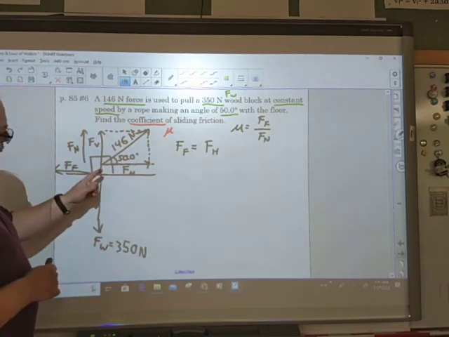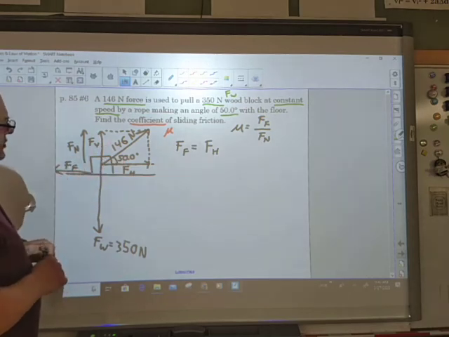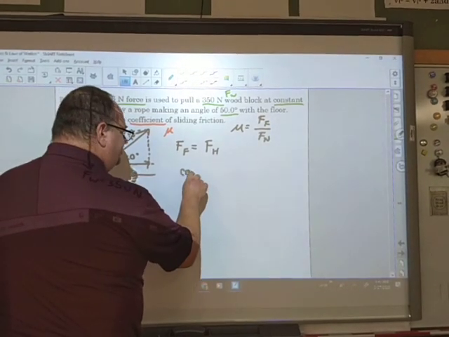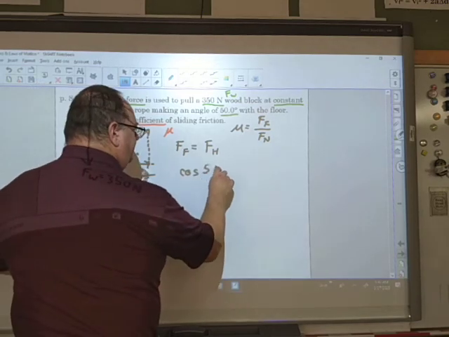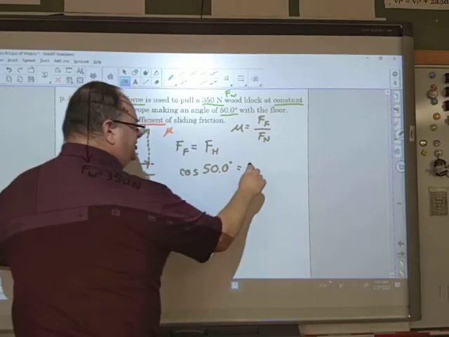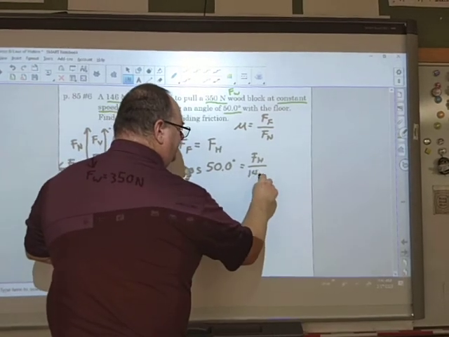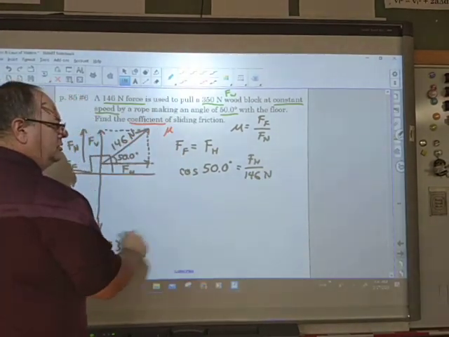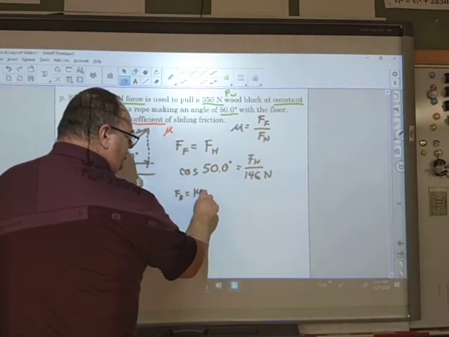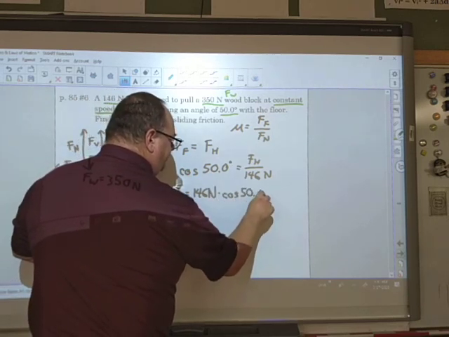So let's see. If this side is adjacent to the angle, and I know the hypotenuse, I want to use my cosine. I could say that cosine of 50 degrees equals adjacent, which is FH, over hypotenuse, which was 146 newtons. So FH is 146 newtons times the cosine of 50.